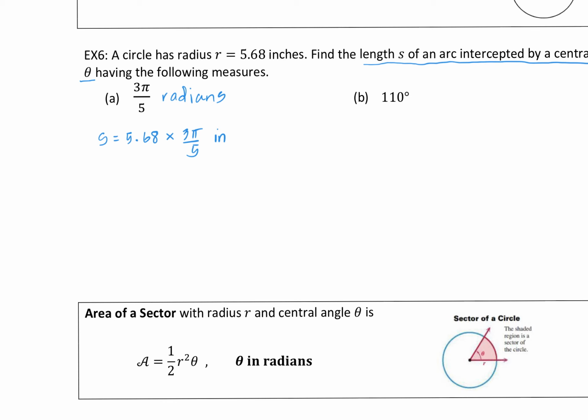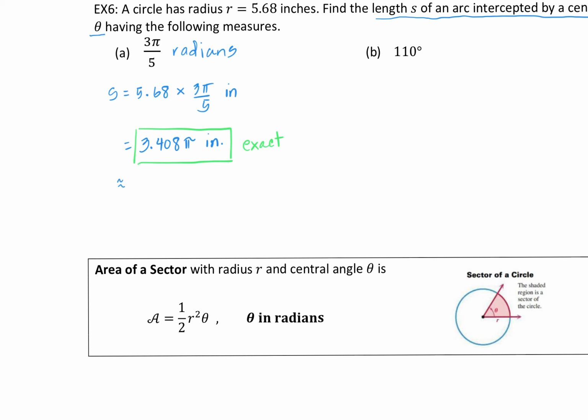When I put that in my calculator, I'm going to put in 5.68 times 3 divided by 5. And it turns out to be an exact decimal, 3.408 pi inches. I wanted to point out that this is an exact answer. Once I substitute for pi, maybe 3.14, or you use pi in your calculator, what you're going to get is an approximation.